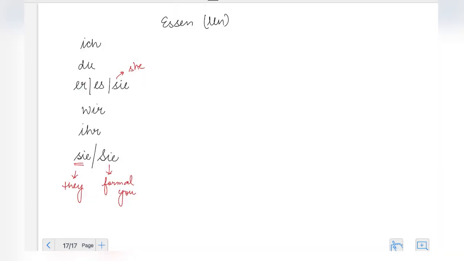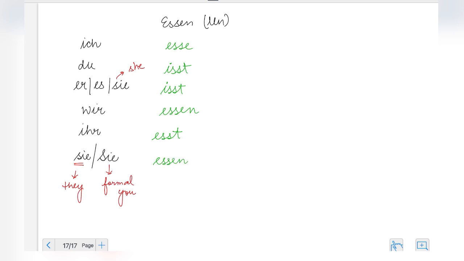So, in irregular verbs, we change the forms. I'll show you the example. Ich esse, du isst, er, sie isst, wir essen, ihr esst, sie essen.